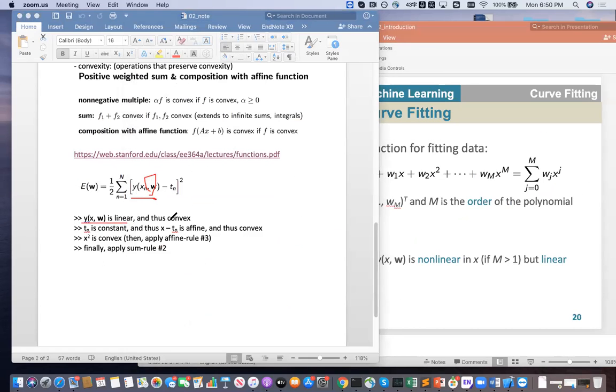Of course, if you subtract something, or add b, it's still affine, and still convex. An affine function is always convex because it's a line; it's both convex and concave. If you think about a plane in high dimensions, it's also both convex and concave. It doesn't change the convexity of your function.